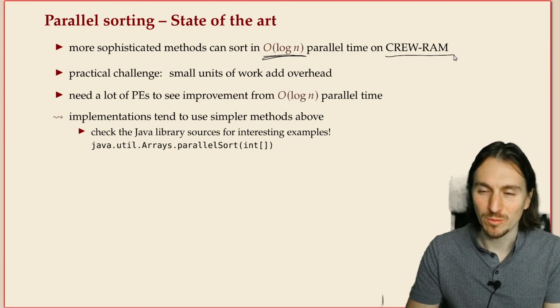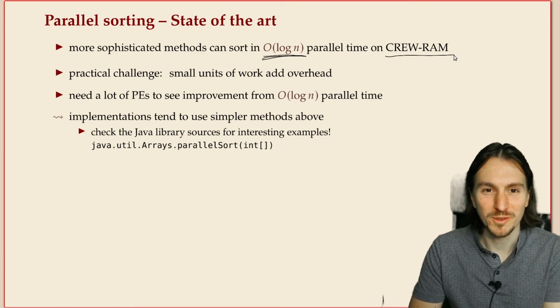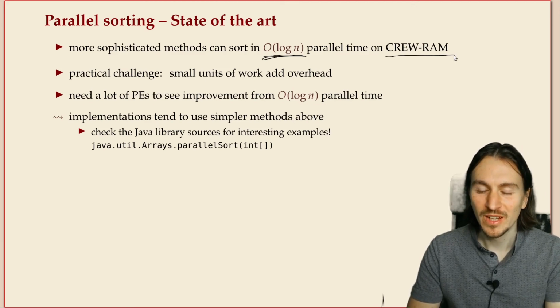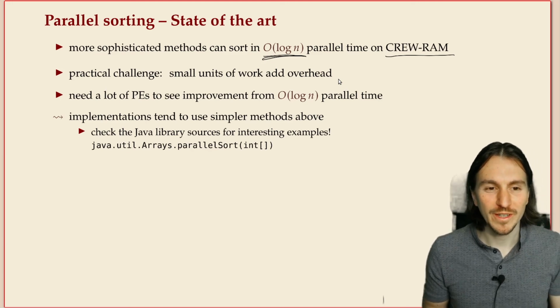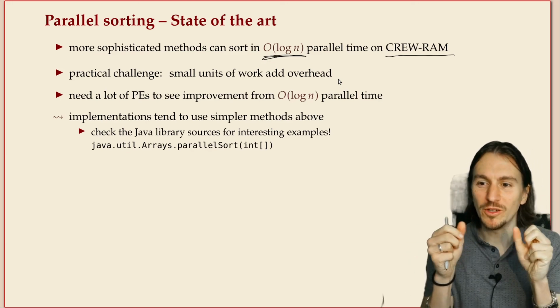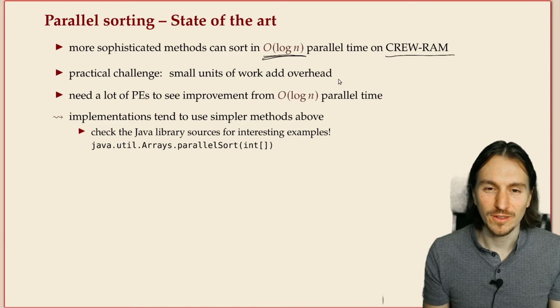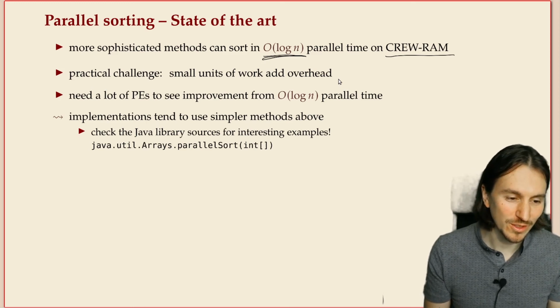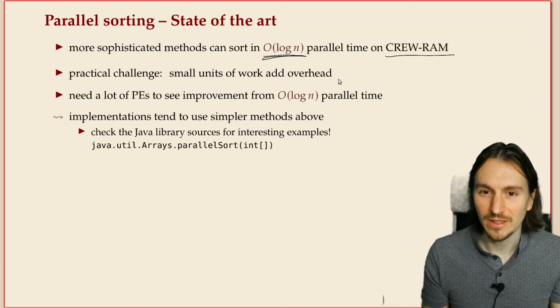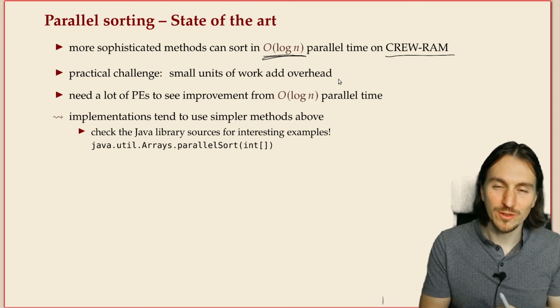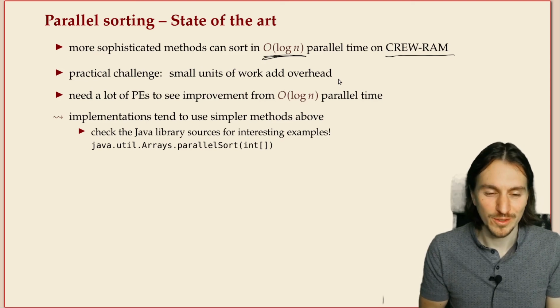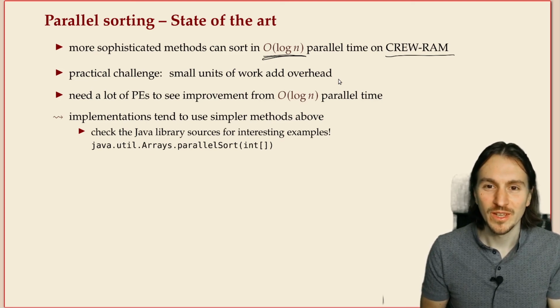So that's the standard model that comes closest to what we can realize in practice. These algorithms tend to have overhead in that they use very small units of work, and that's not what practical implementations like. I didn't talk a lot about how the PRAM compares to practical models of concurrency.